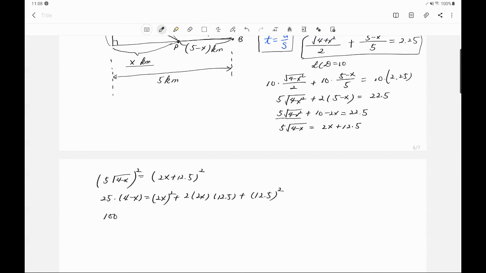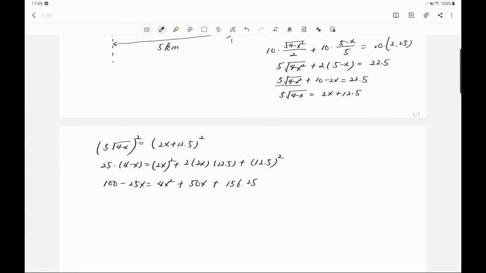So this is 100 minus 25x equals 4x squared plus 2 times 12.5, which is 25, so 50x, plus 12.5 squared, which on a calculator is 156.25. Then move every term to the right: 4x squared, plus 75x, and minus 100, so plus 56.25.